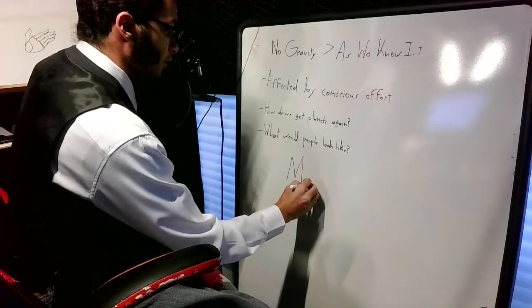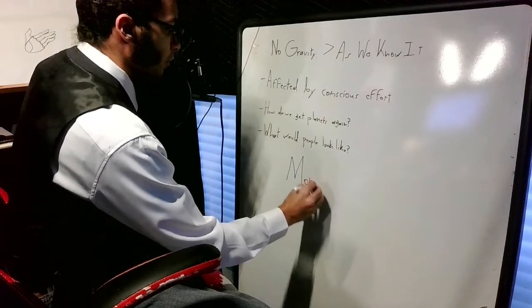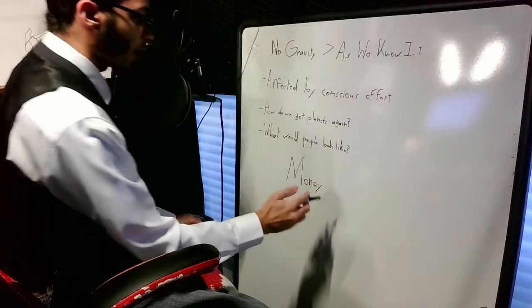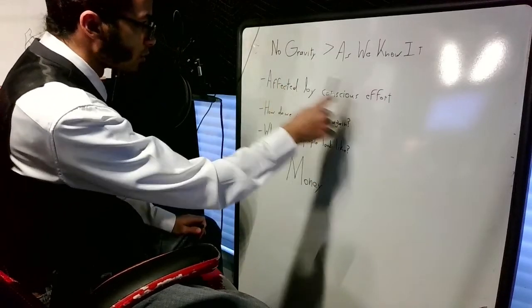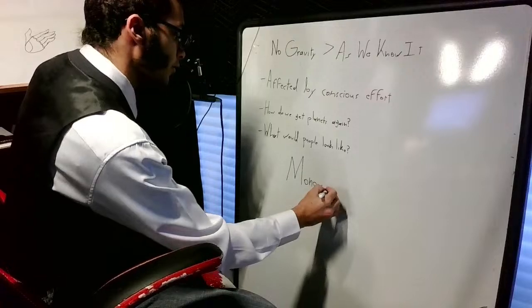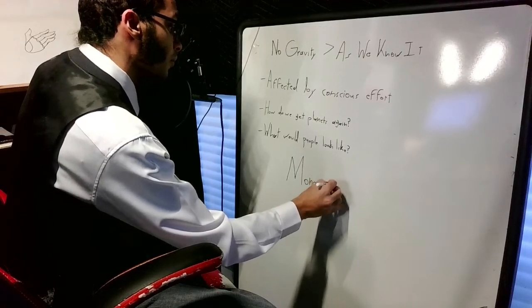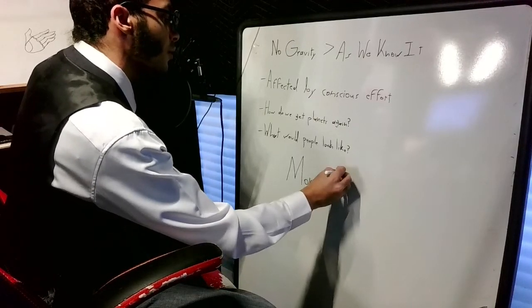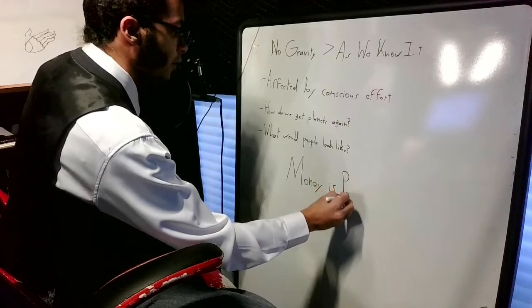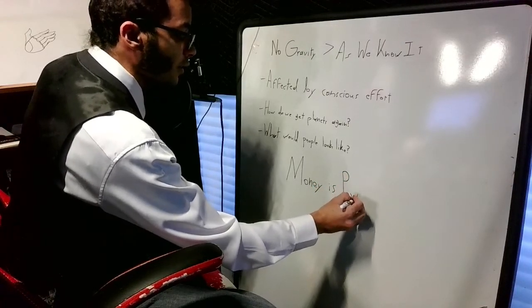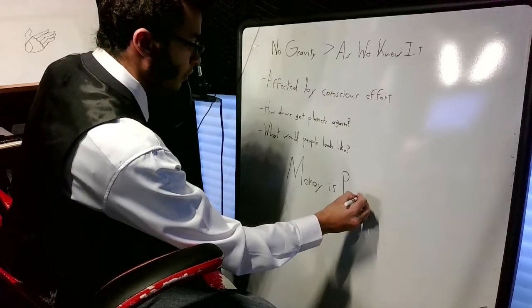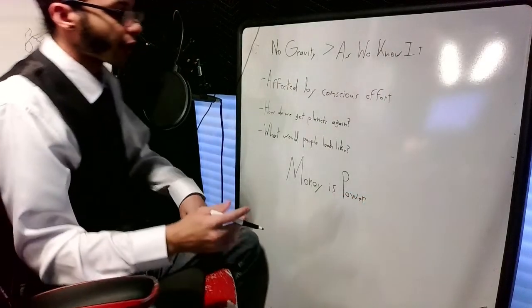Now, this doesn't necessarily have to be a fundamental evolutionary change like that one is. Maybe it's just the theme of your setting, right? So money is power. You've got some D&D-esque setting.